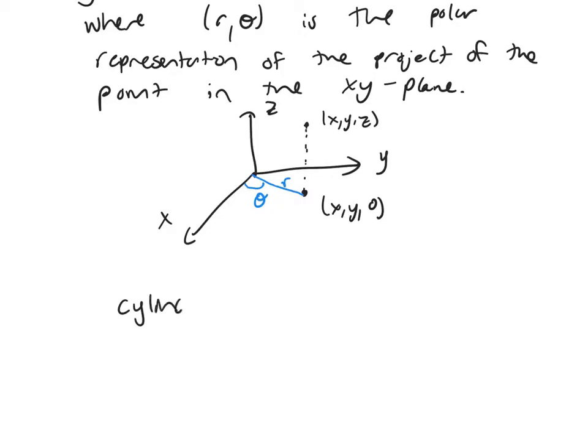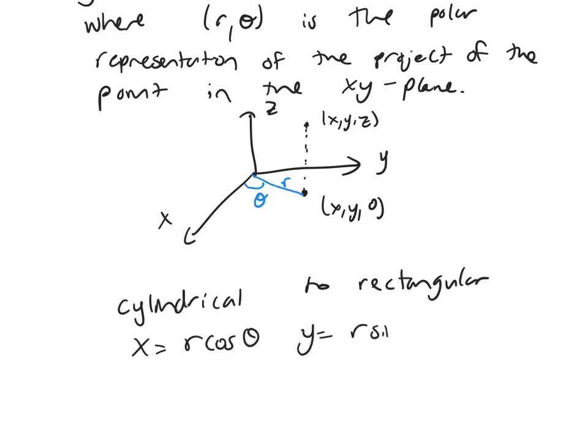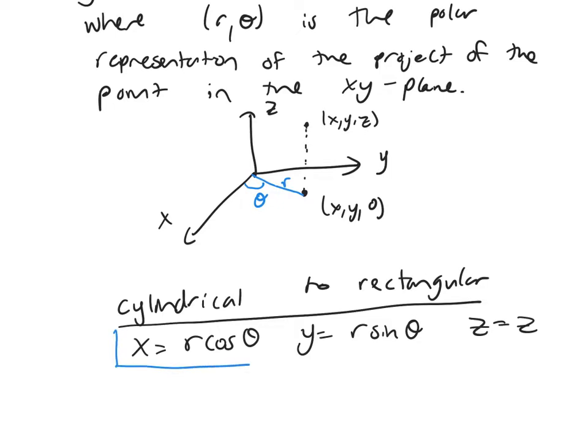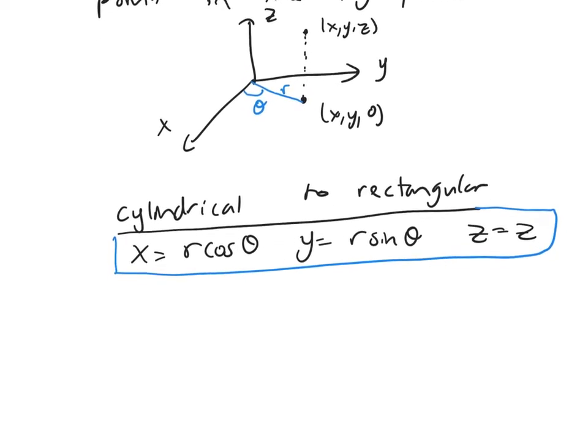So how do I get from cylindrical to rectangular? Already talked about it. x equals r cosine theta, y is r sine theta, and the third coordinate is the same in both systems. So right here, this is how I convert from cylindrical to rectangular.